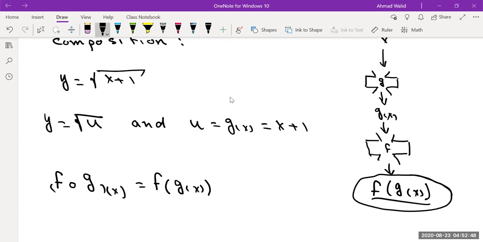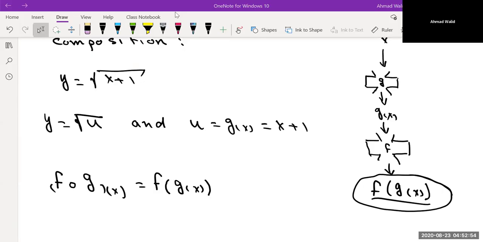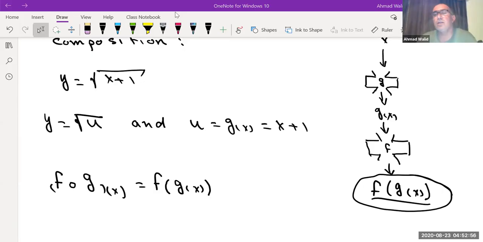Let me turn on my video because here I need to show it for you with my hands also. I have two functions. Composition, what does it mean? My left hand, this hand is f of x. This hand is g of x.